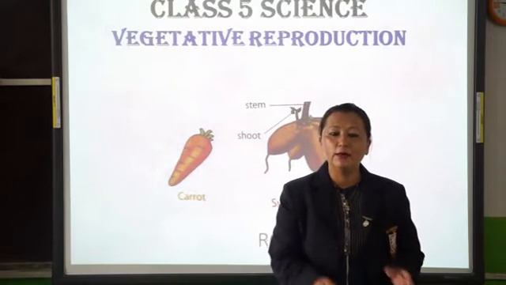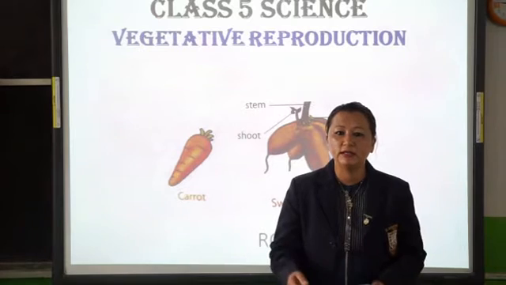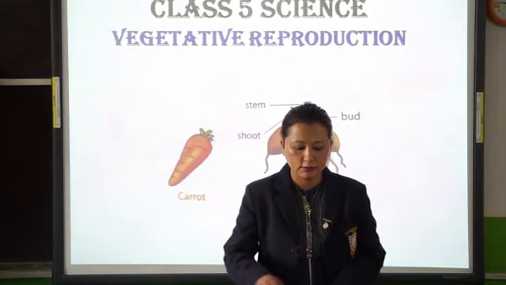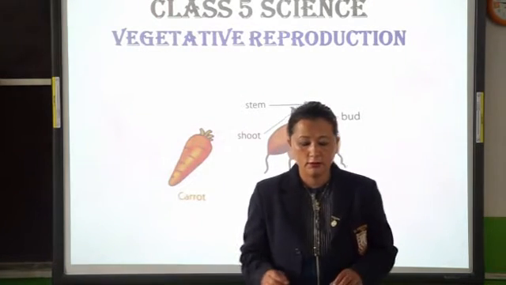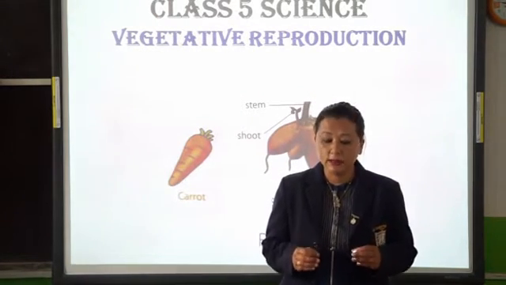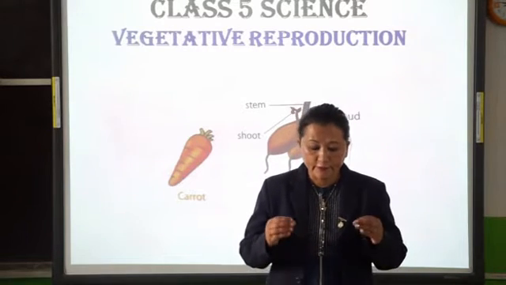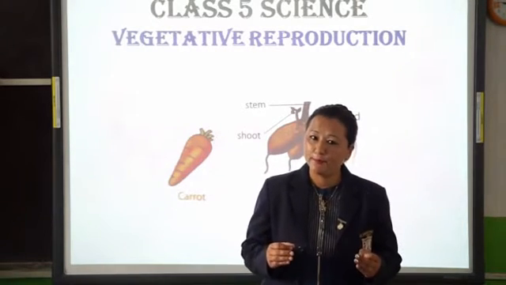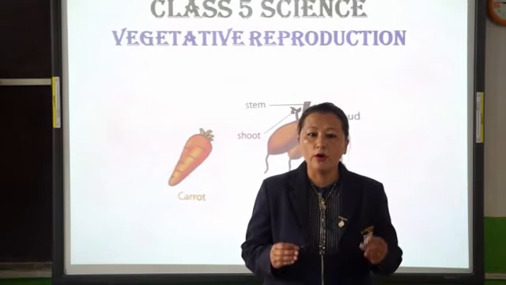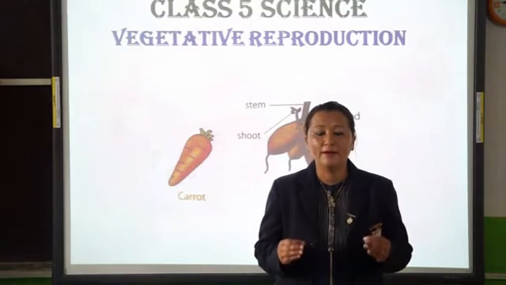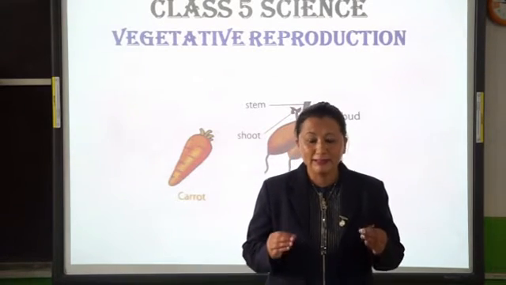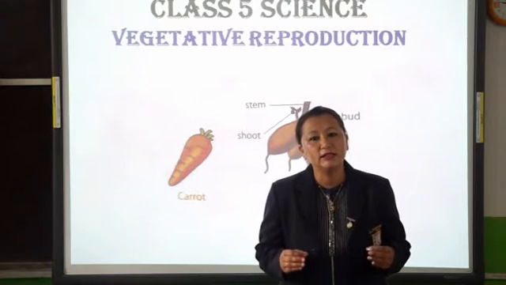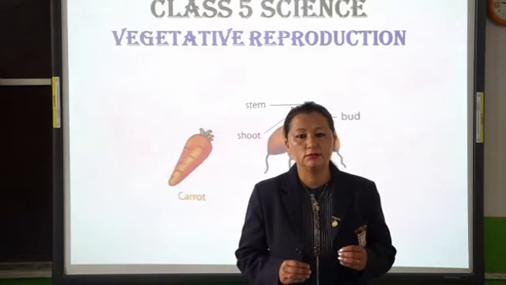Now, let us see what is vegetative reproduction. New plants can grow from vegetative parts like stem, root or leaves of a parent plant. This is called vegetative reproduction.